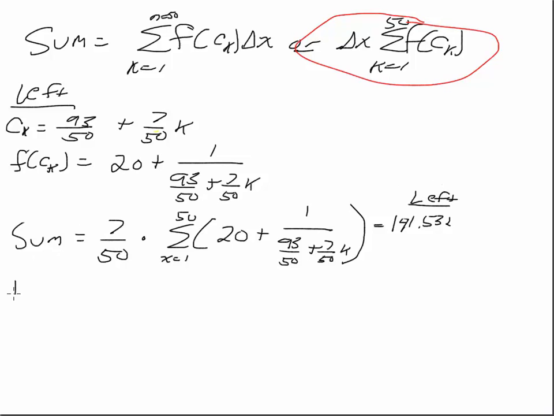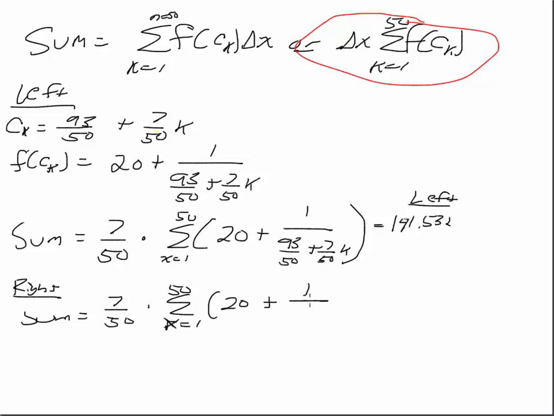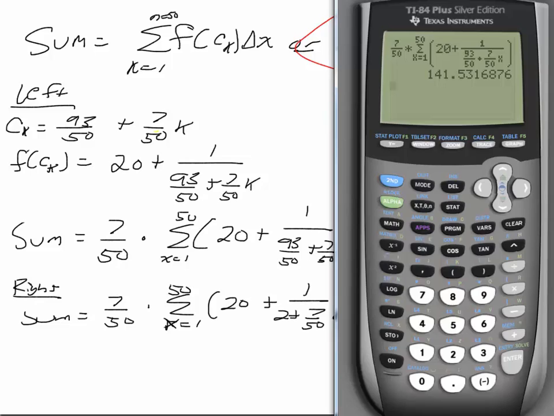Okay. Now the right sum. The sum is equal to, again, I apologize for my handwriting, 7/50ths times the sum of x equals 1 to 50. Now remember the right sum I had in the previous page, the right sum is 2 plus 7/50ths K. So this is going to be 20 plus 1 over 2 plus 7/50ths K. To simplify this a little bit, so I don't have to type it all in, because most of it is the same, I just arrow up and highlight it and hit enter.